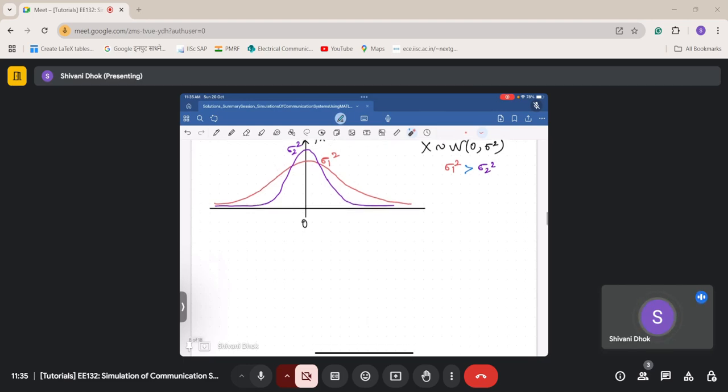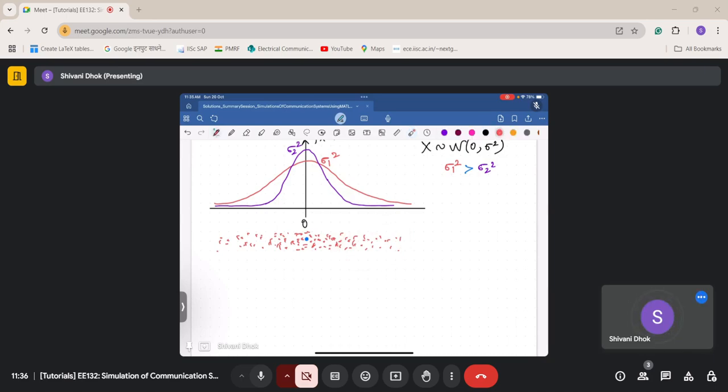So how does it look in general? This is your 0 point. For your red curve, it will be something like this. A lot of points near 0, but still there will be points in this region as well. It will reduce like this symmetrically, so occurrence of these points will also happen.